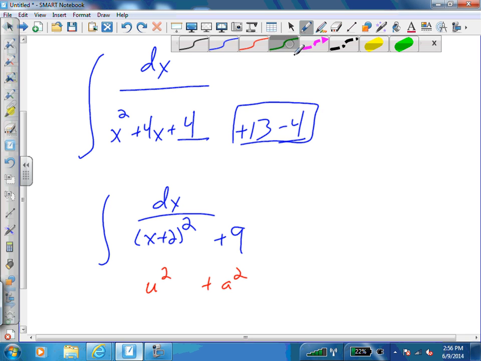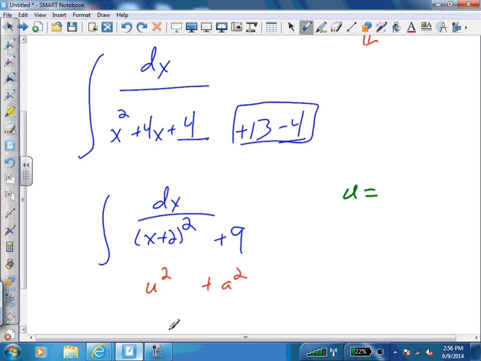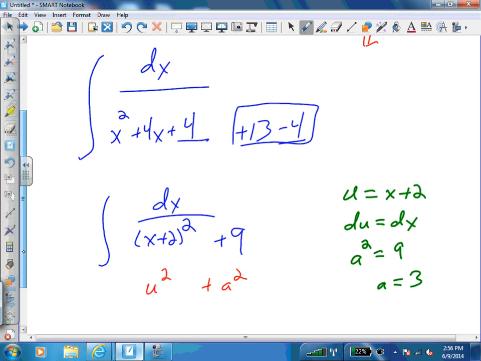So that would make u what? Right, if that's u squared, then u is x plus 2. du, the derivative of that, is 1 dx. a squared is 9, so a is 3.